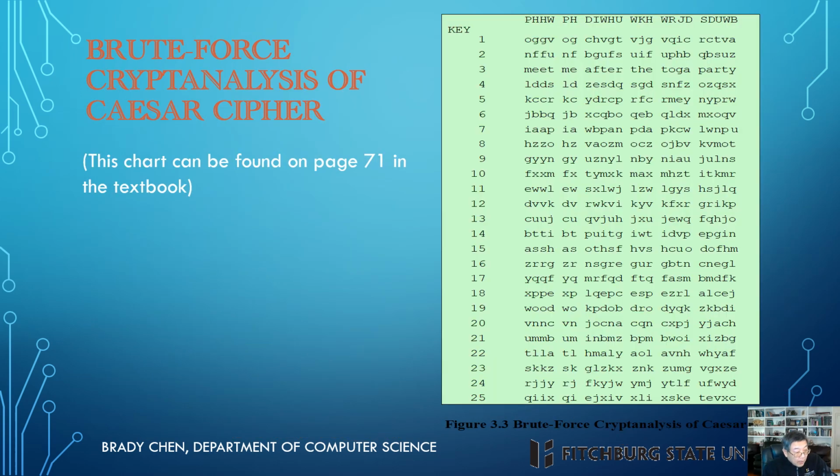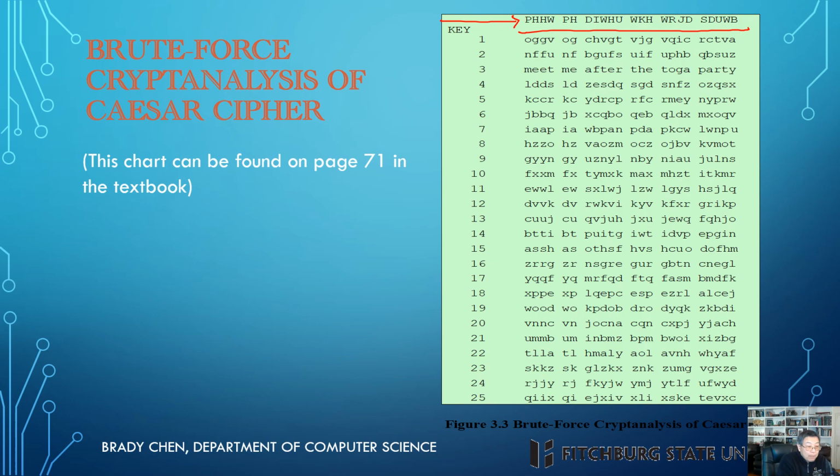Okay, let's take a look at an example of brute force cryptanalysis of the Caesar cipher. This is the example from the previous slide. The ciphertext starts with PHHW, and so on.